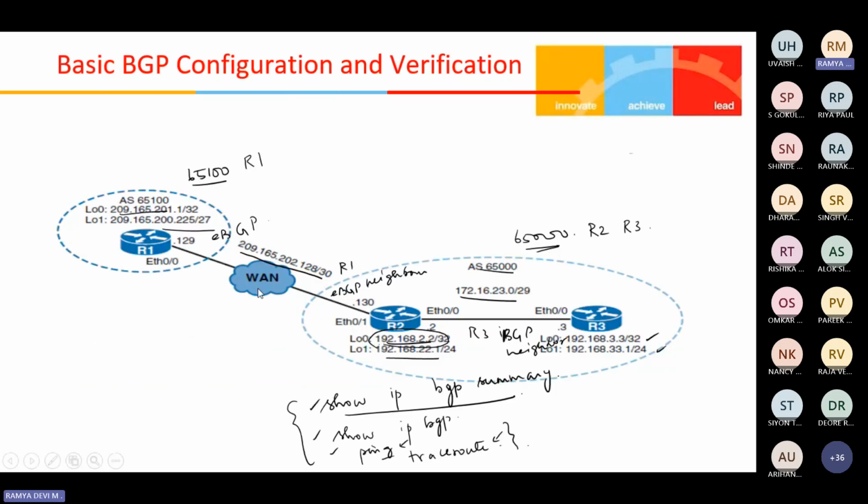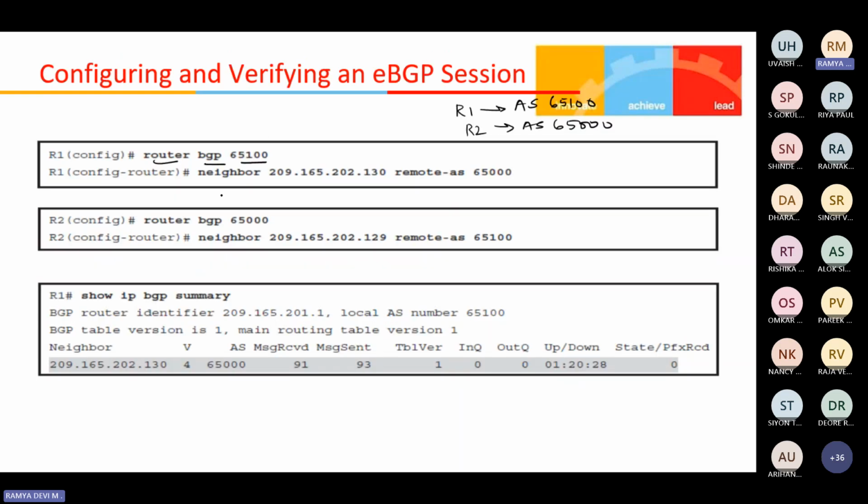This is the neighbor, right? R2 will be configured with 209.165.202.130. So it is a remote address. So how do we configure that? We'll be saying neighbor. This is actually the neighbor. It is a part of a remote autonomous system, and the autonomous system number is 65000.